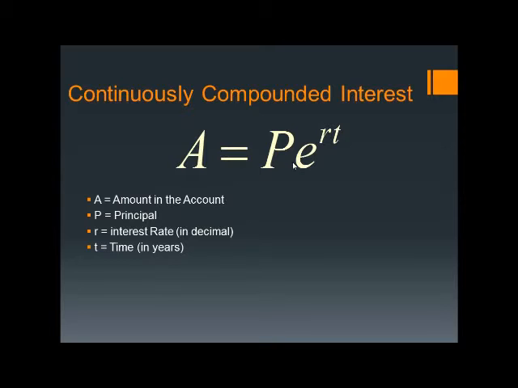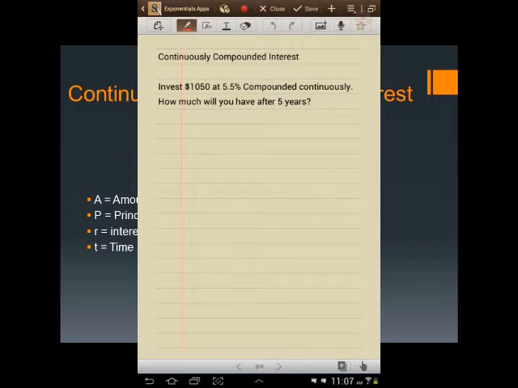And then here's an example. We're investing $1,050 at 5.5% compounded continuously for 5 years. We know to use this formula. PERT is how people tend to remember it. P e to the rt. We know to use that one because right there, compounded continuously. Initial value was 1,050.